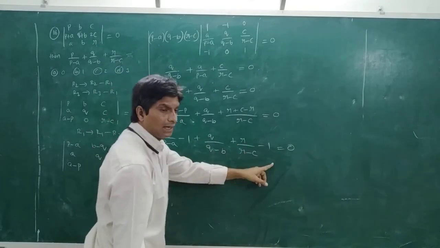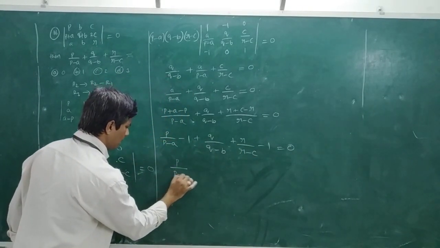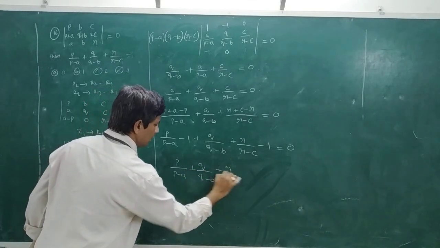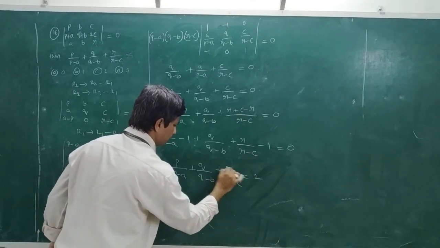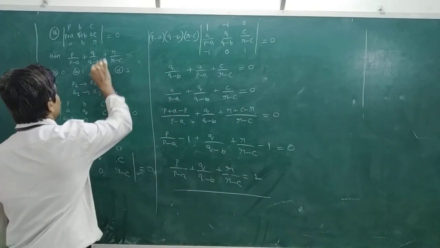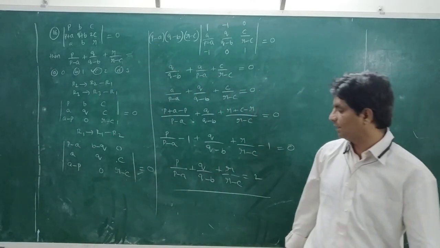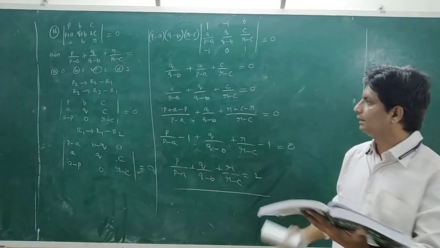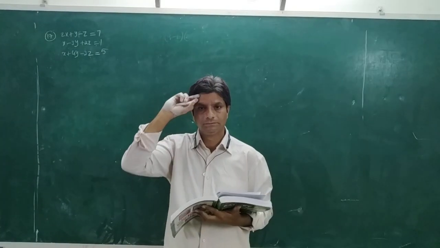What is minus 1 minus 1? Minus 2. Take the minus 2 across. So P by P minus A plus Q by Q minus B plus R by R minus C is equal to how much? 2. So where is the answer? The third option is the answer: P by P minus A plus Q by Q minus B plus R by R minus C is equal to 2. This is problem number 16.